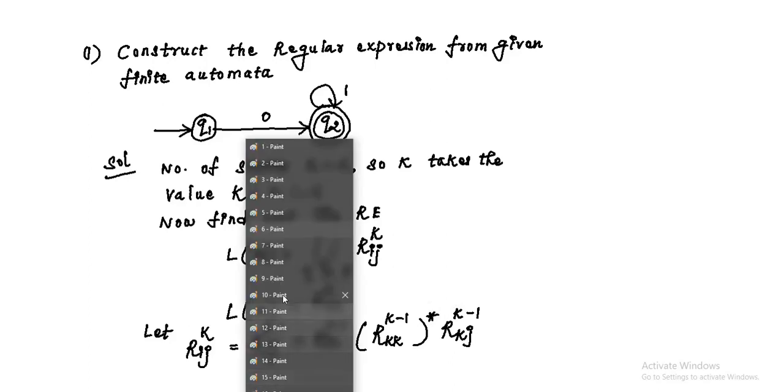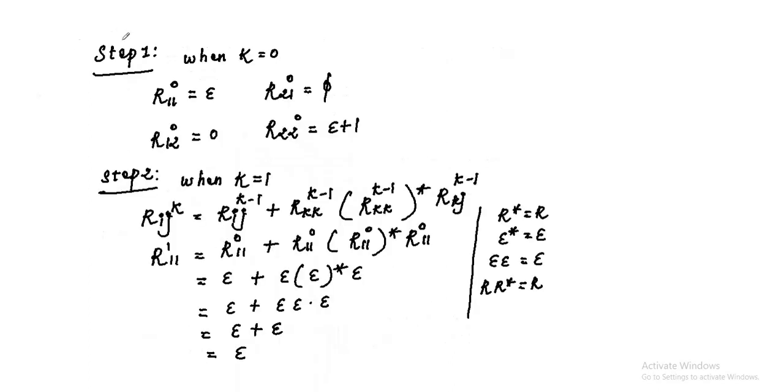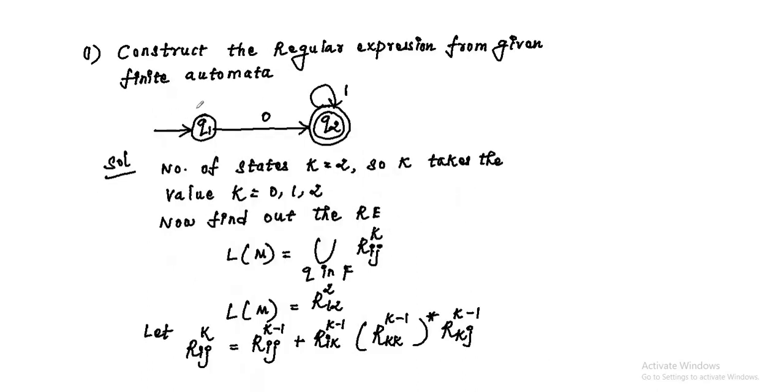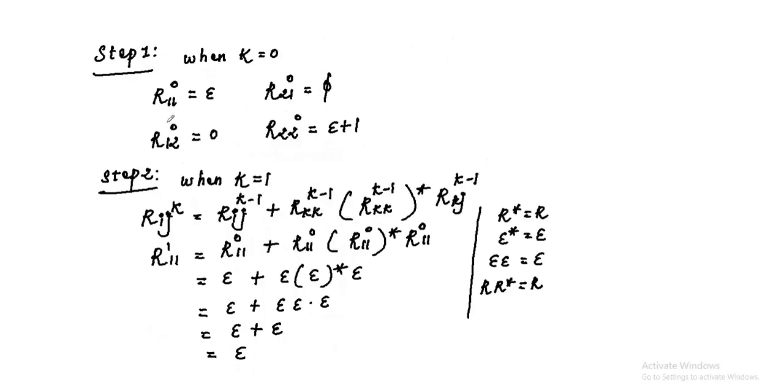Coming to the first step, when k value is 0, take the combinations using the transition diagram. In this transition diagram, we have two states q1 and q2. How to take the combinations? R11, R12, R21, R22 and k value is 0.